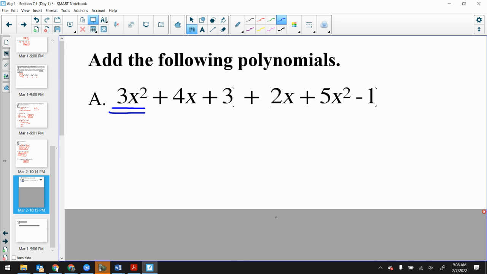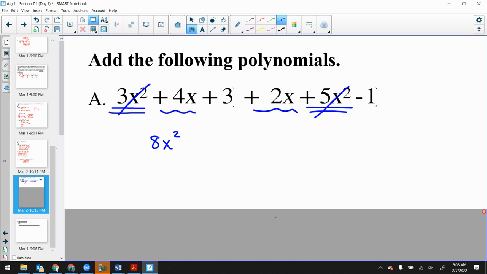Now, when you're combining like terms, your answers in every question on this test and this whole chapter should be in standard form. What does that mean? That means I need to go the biggest power first. 3x squared plus 5x squared. What's that? 8x squared.